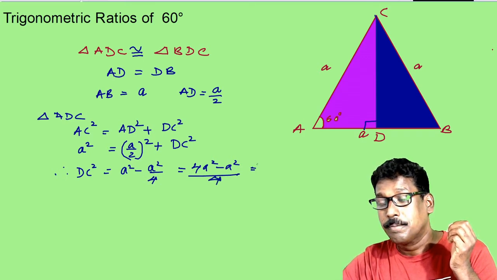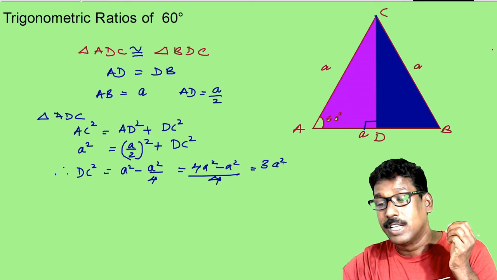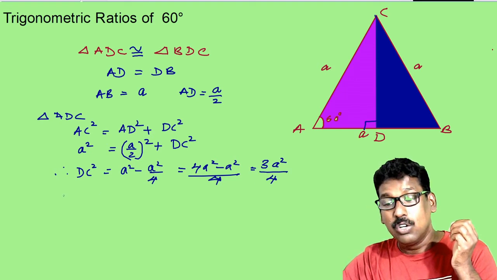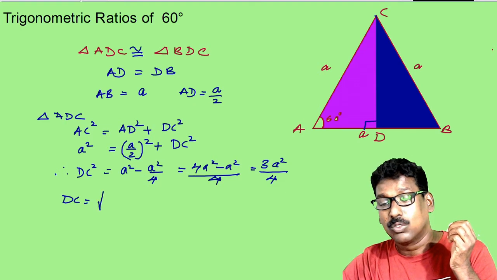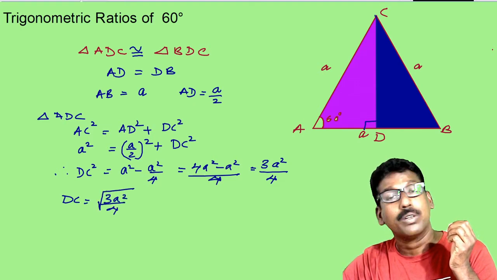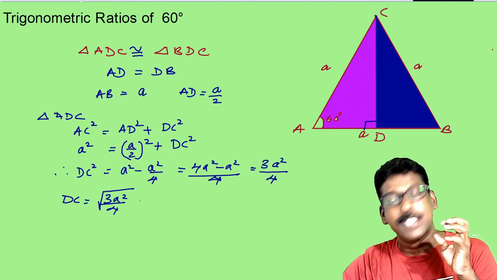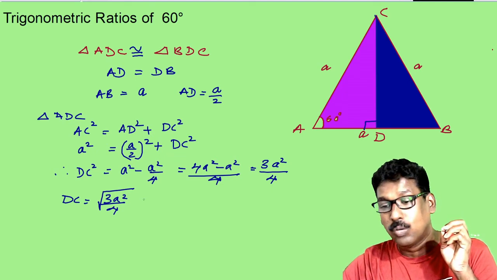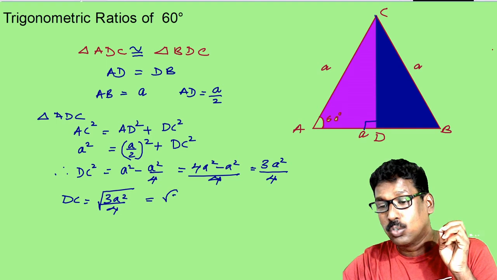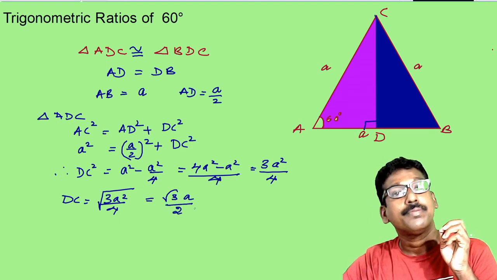That is 3a square by 4. So, DC is equal to square root of 3a square by 4. Now, square root of a square is a, square root of 4 is 2. Therefore, this will be root 3 a by 2.